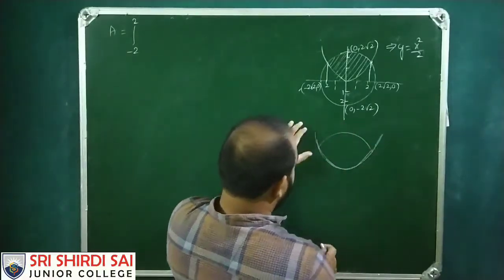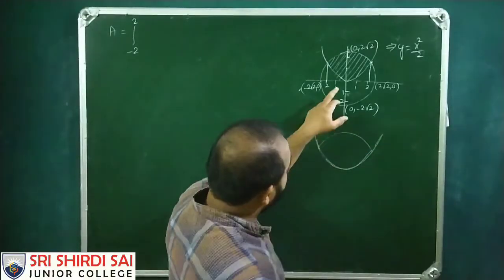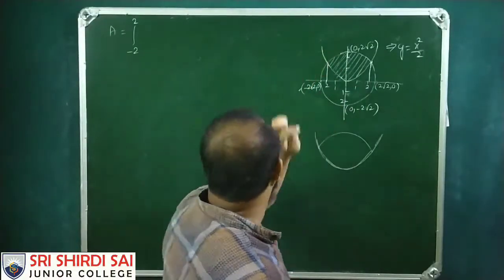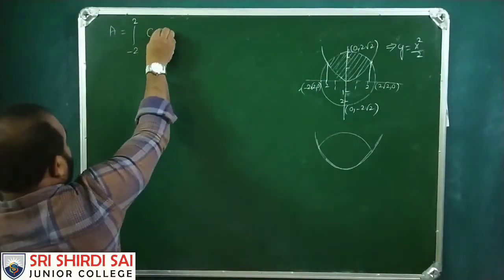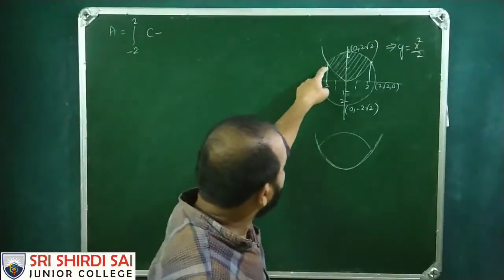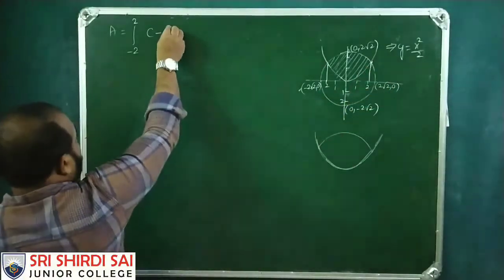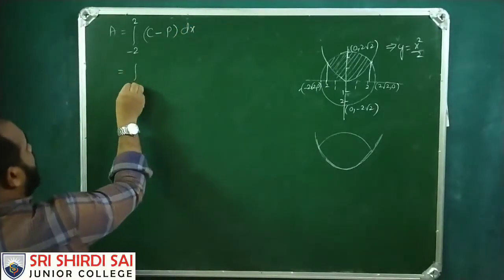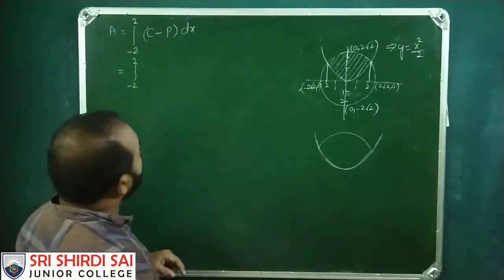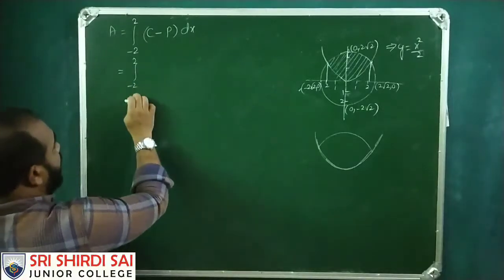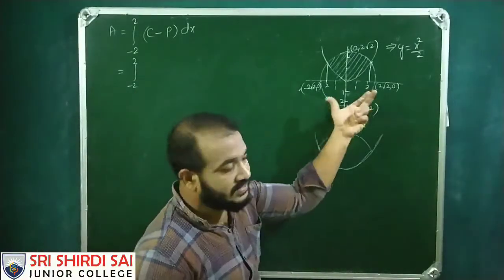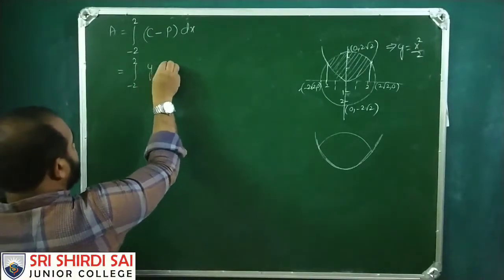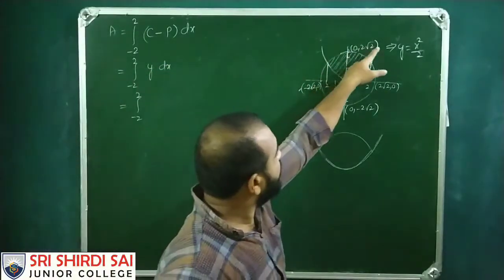So, with respect to the x-axis, the above curve is the circle minus the below one, the parabola, (C minus P) dx. So minus 2 to 2 are the limits of x, therefore dx. So minus are there.